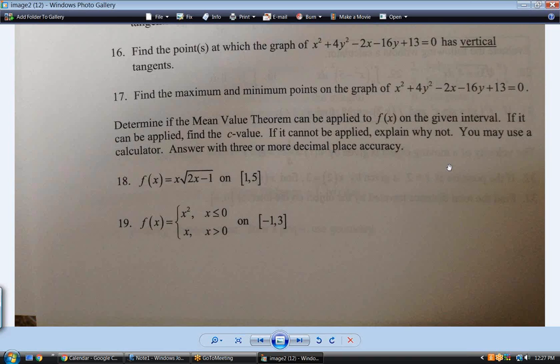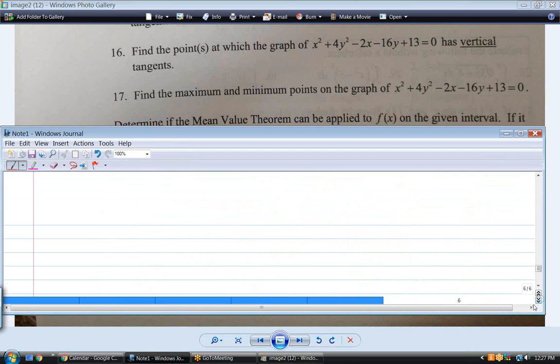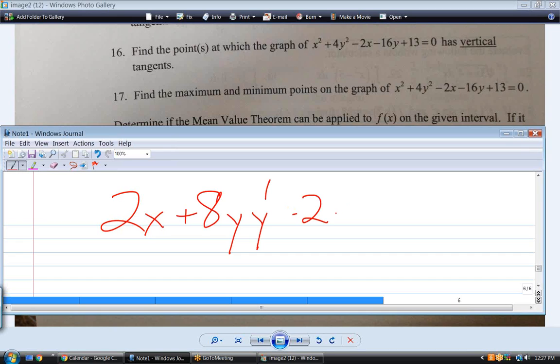take the derivative, right? Right. How are you going to take the derivative? Use implicit. Right. Let's do it real quick. Have you implicitly differentiate that. Let's make sure you can do that. So implicitly differentiate the left side. So 2x plus 8y y prime minus 2, that'd be minus 16 y prime.